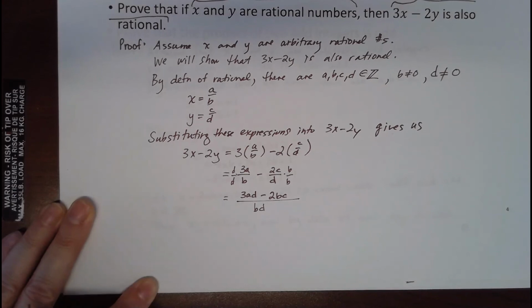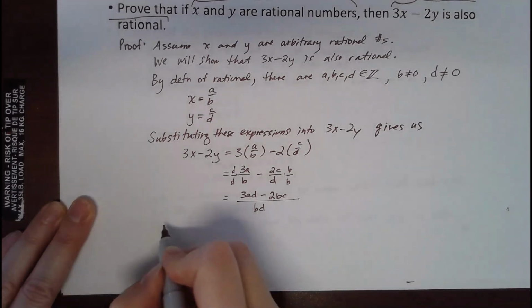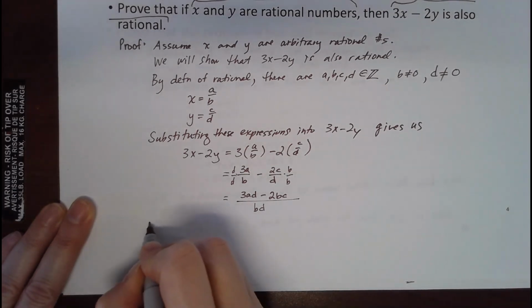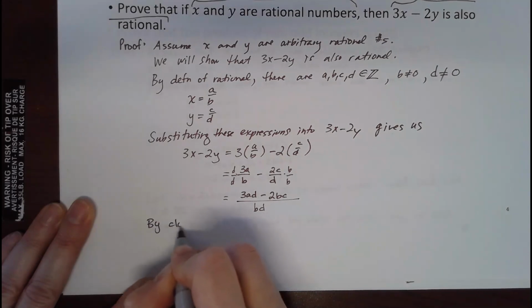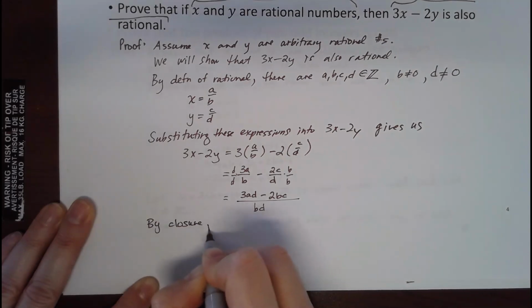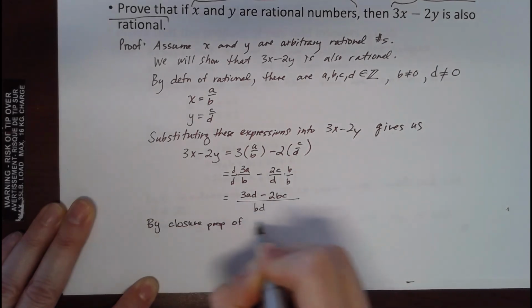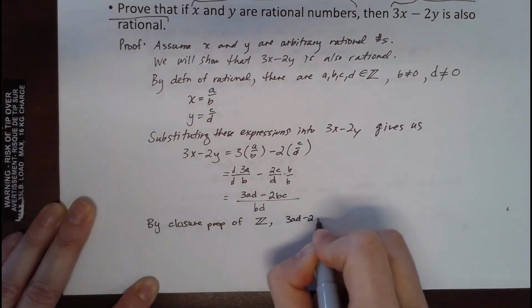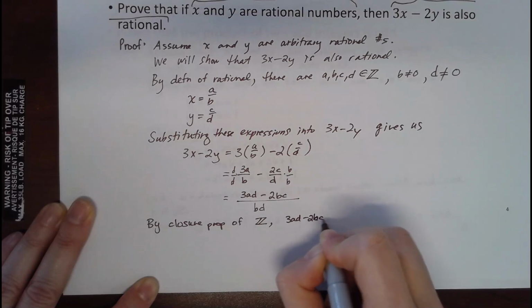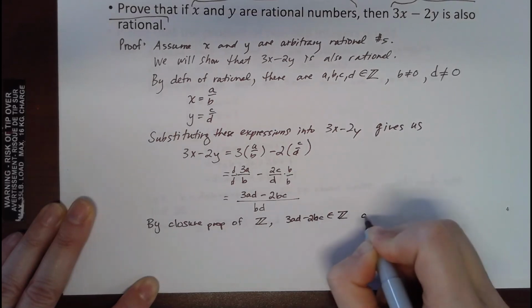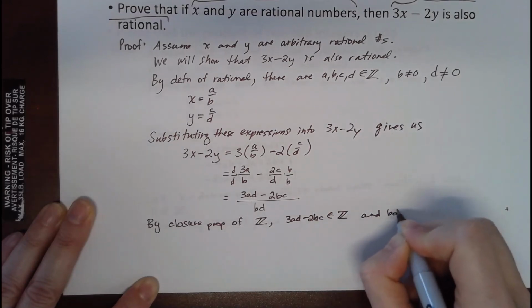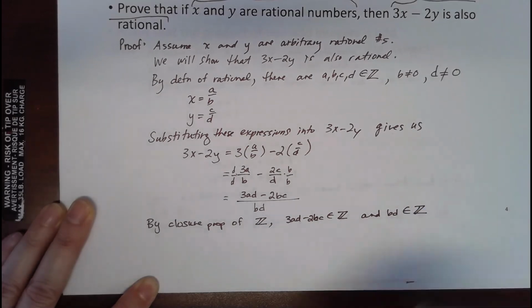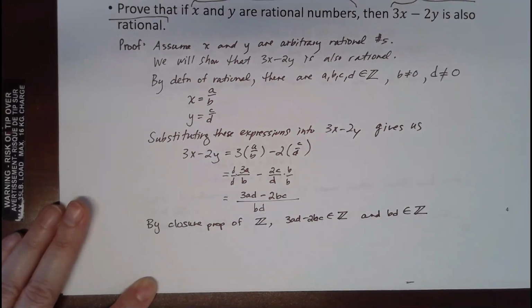So let's see. I'm just going to say closure properties of integers. 3ad minus 2bc is an integer, and bd is also an integer. This one uses subtraction and multiplication, and this one just uses multiplication.